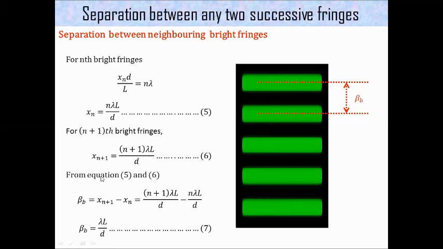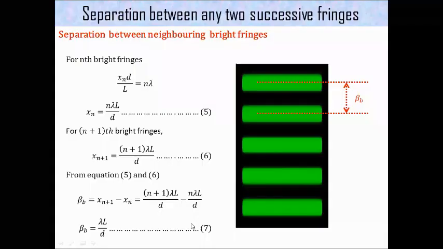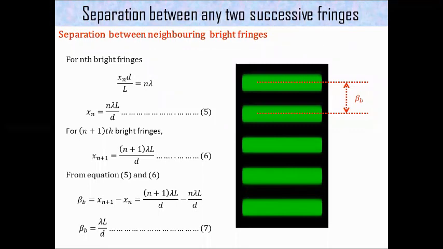From equations 5 and 6, one can find out the value of the separation distance between any two successive bright fringes.